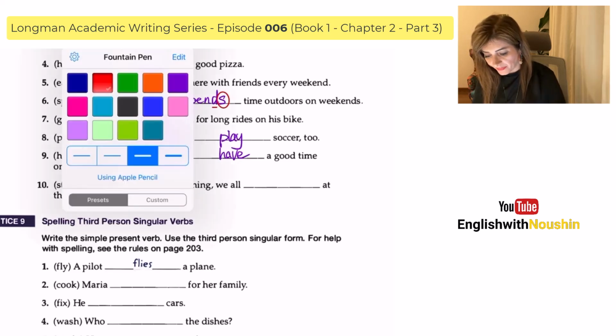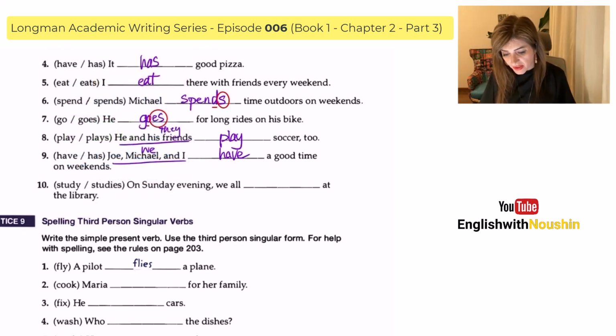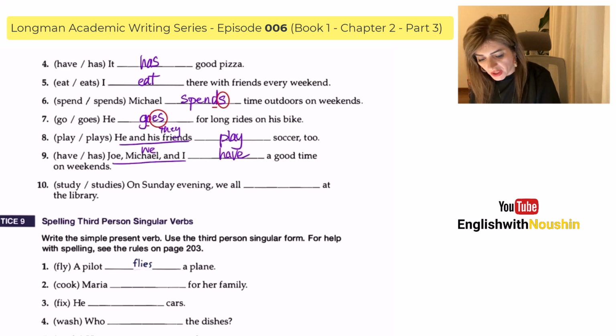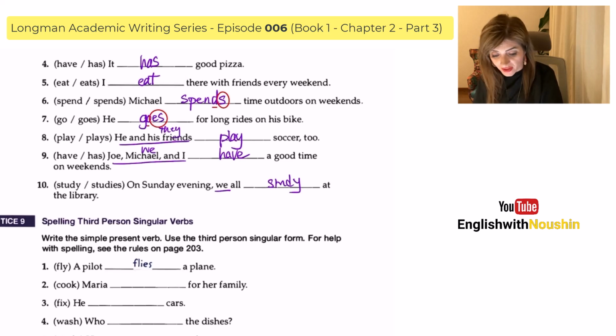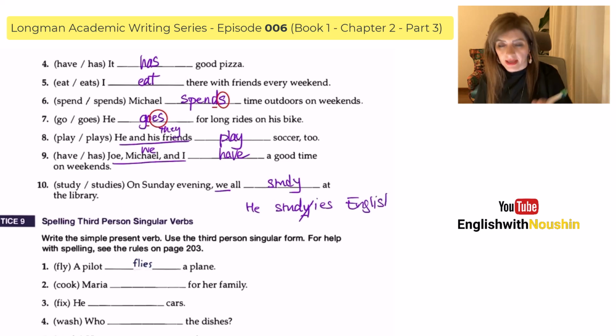Why did I miss 10? On Sunday evening, we all, so it's study. If it was he, for example, just a reminder, you cross out Y, you add IES. For example, he studies English. Cool.